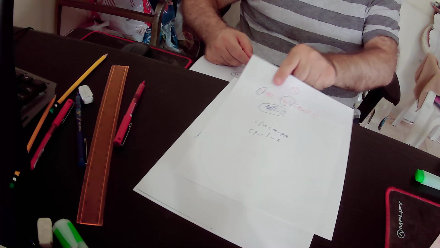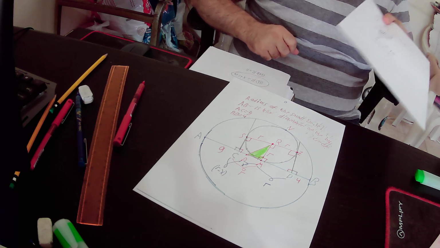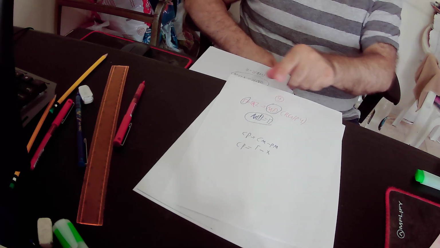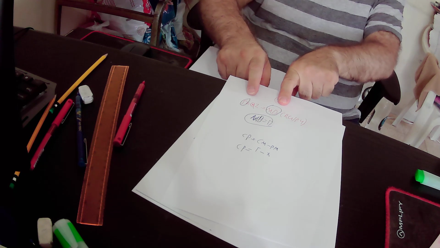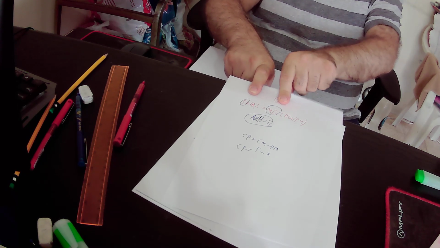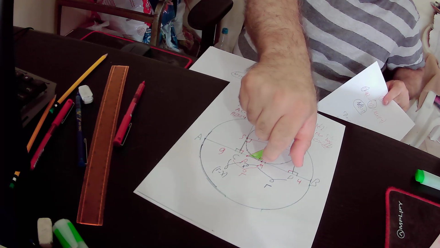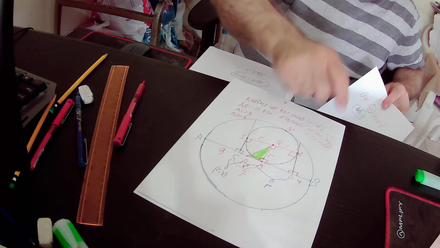But we know that QZ equals small r. QZ is the radius of the small circle. So from this equality we can derive that MD equals r, or MD is equal to the radius of the small circle.